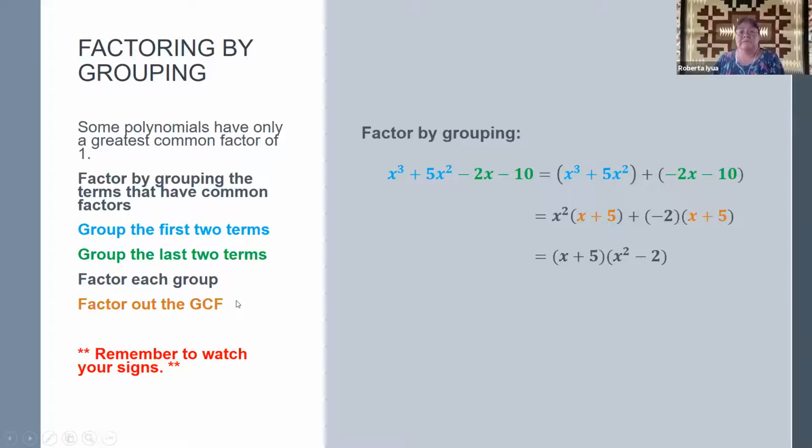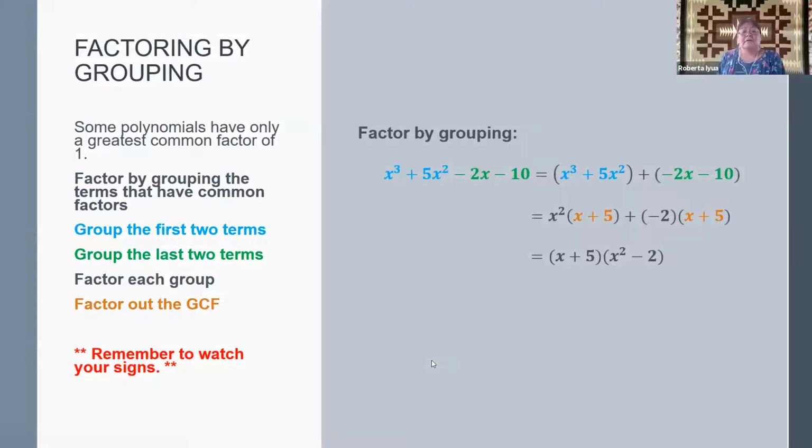So don't be afraid if you have to find your first greatest common factor, and then combine everything together, and then have to find your greatest common factor again. So it's the process of simplifying your work as you go down and down the line.